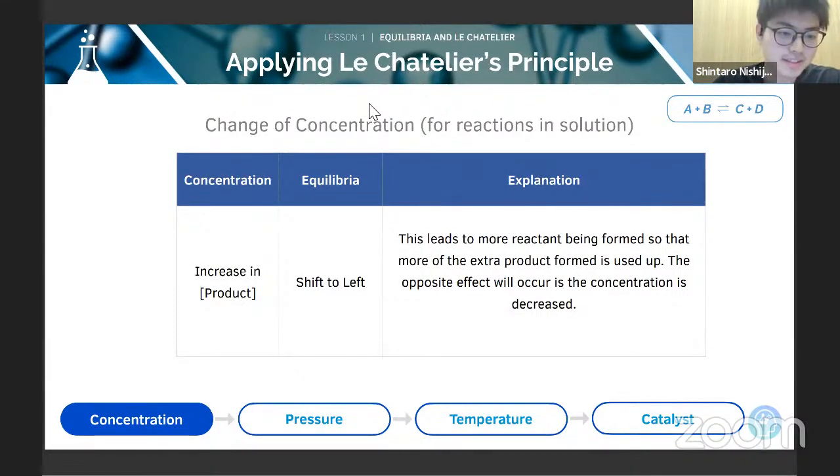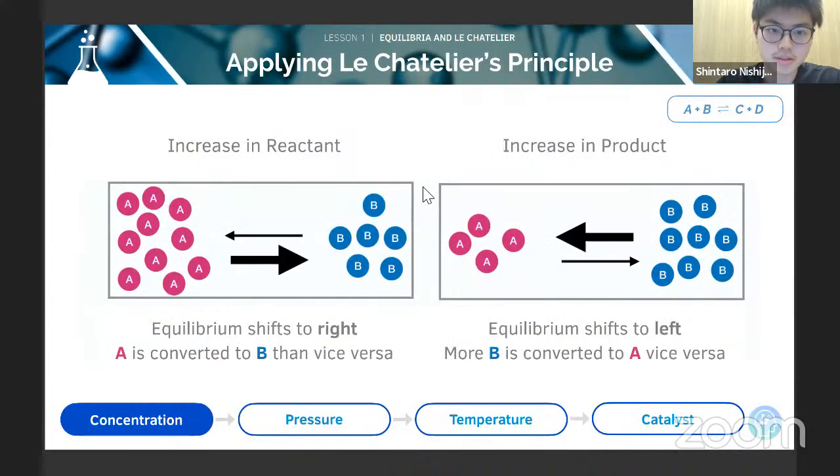We'll get back to catalyst later, so don't worry about it too much. Next, this is just a summary. With an increase in reactant, you have more on the left, so it's going to want to go to the right. So the equilibrium shifts to the right.